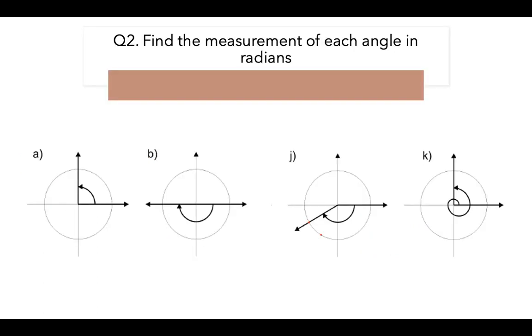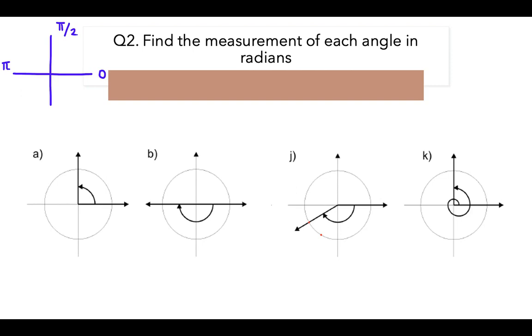So let's find the measurement of each angle in radians. Again, there are some pointers I want you to remember. We looked at the angles in the Cartesian plane: 0, 90, 180, 270, and 360. Same thing for radians. If it's 90, it's pi over 2. If it's 180, it's pi.